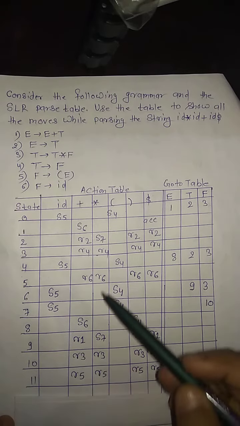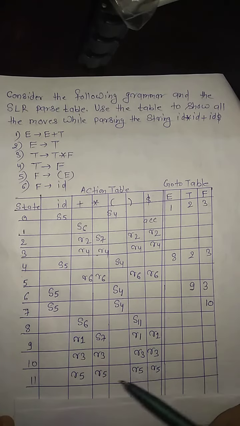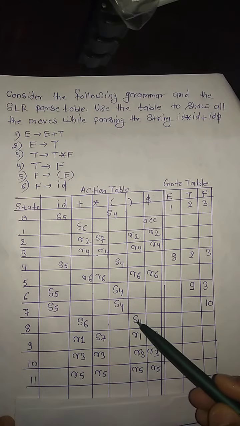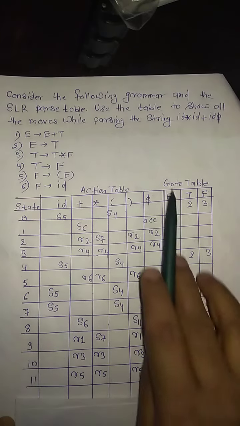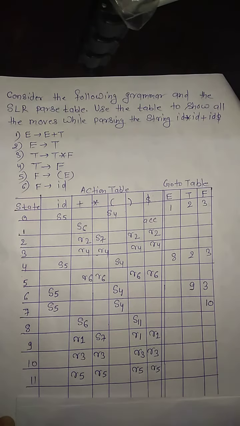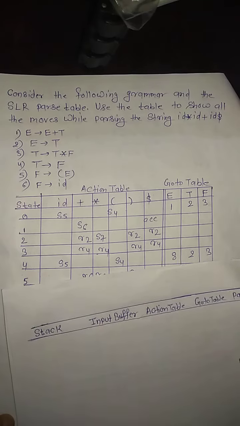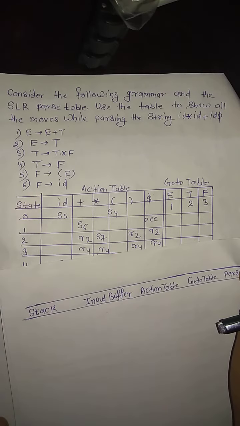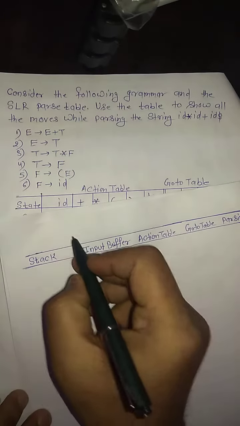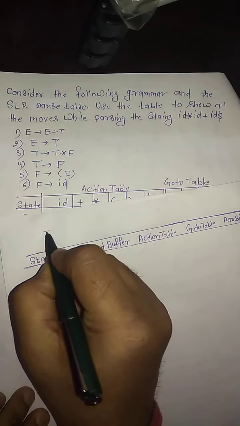And this is the SLR parsing table, and with the help of this SLR parsing table we have to parse the given string ID star ID plus ID. So the process is, what is the input string?